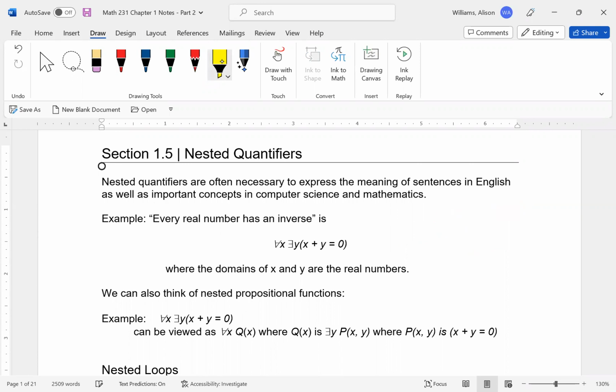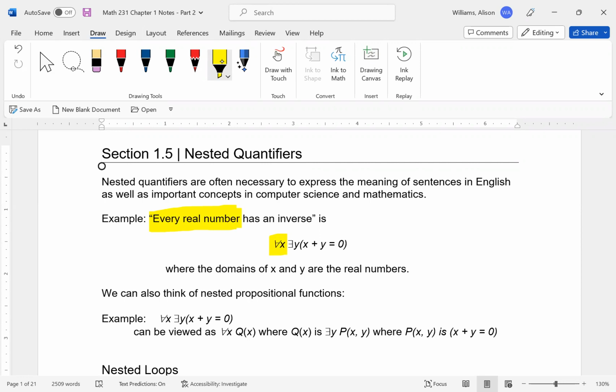So let's look at this when we are working with more than one quantifier. Okay, so for this first example here, I just gave you the example and we'll just talk about it. For every real number, every real number has an inverse. So how we could write that is you start with, you're talking about every real number. So we start with for all x.